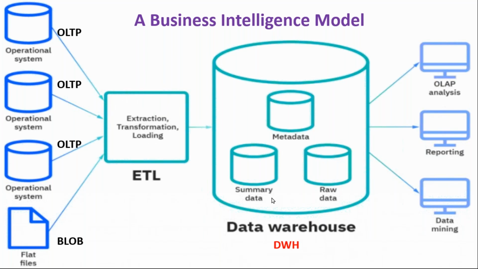The green color items is our data engineering. The arrow marks and the box cylinder shapes is our actual course.